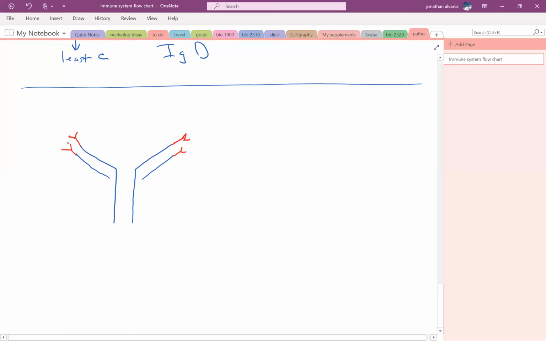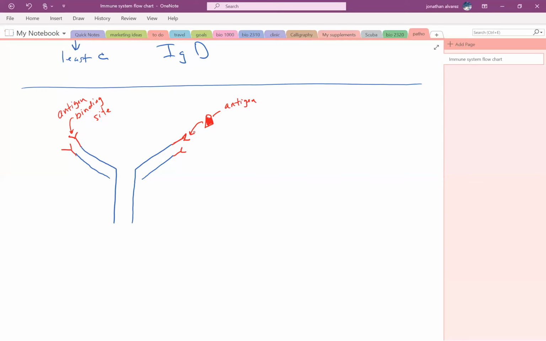So this part is the antigen binding site. So what'll happen is, let's say this is the antigen. It will bind and begin the destructive process.